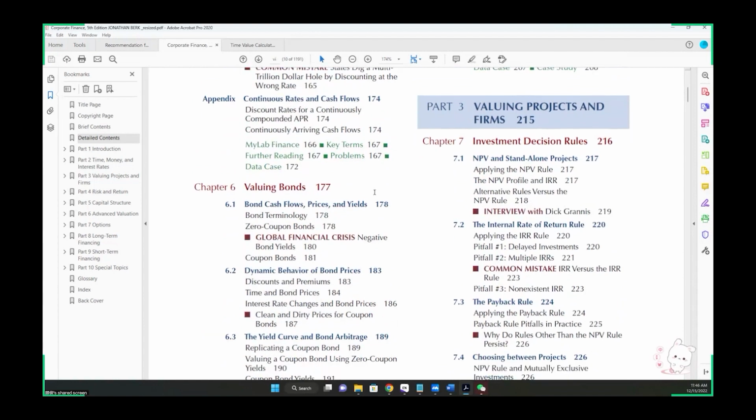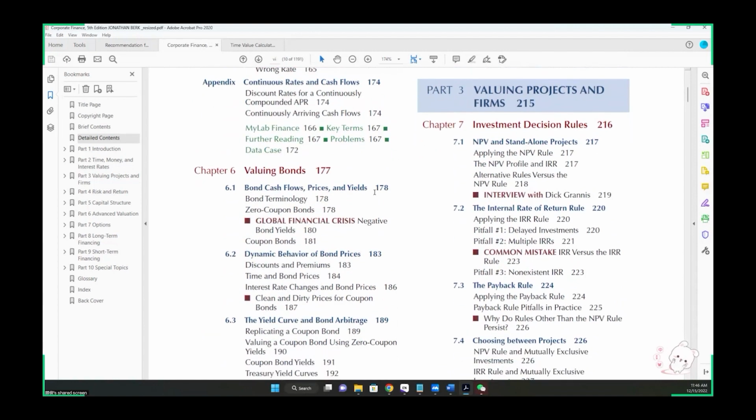Okay, so last week we had a discussion about how we value the project. Right? Still remember? We spent about 30 minutes dealing with that. For the project, again, let's have a review.